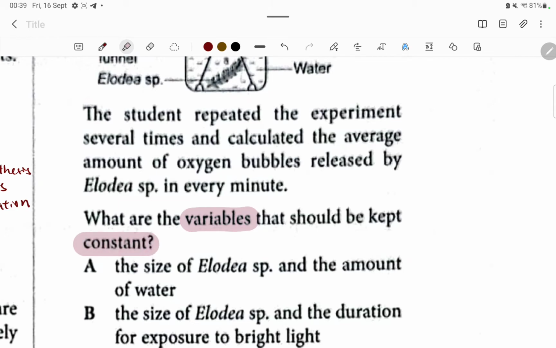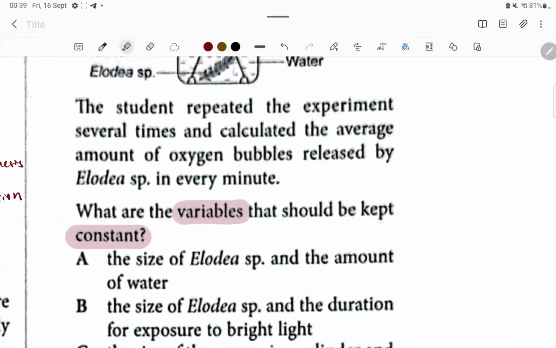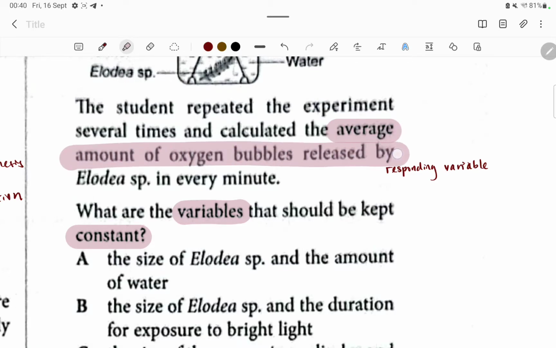So constant variable. Okay, let's see. The RV over here, RV is responding variable. So the RV here is actually average amount.